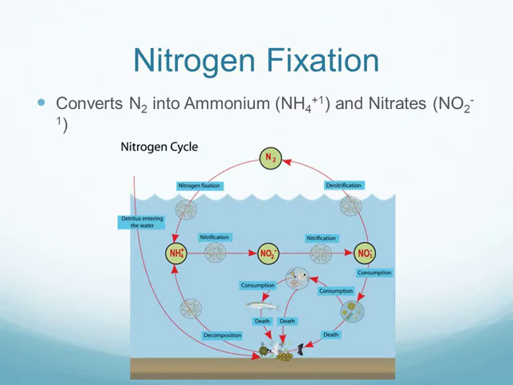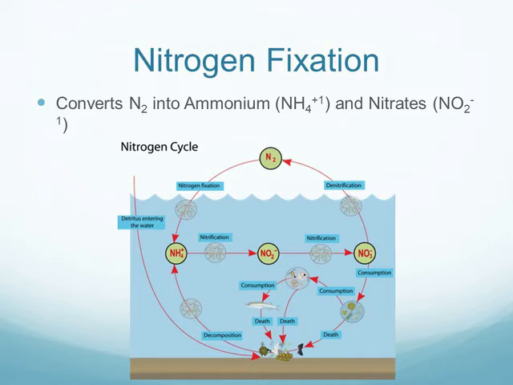Then you have nitrogen fixation. Some bacteria within the ocean are what's known as nitrogen fixers. They will take nitrogen from the atmosphere, and when it diffuses into the ocean, they will convert it into ammonia, which is NH4. That's what's known as nitrogen fixation.